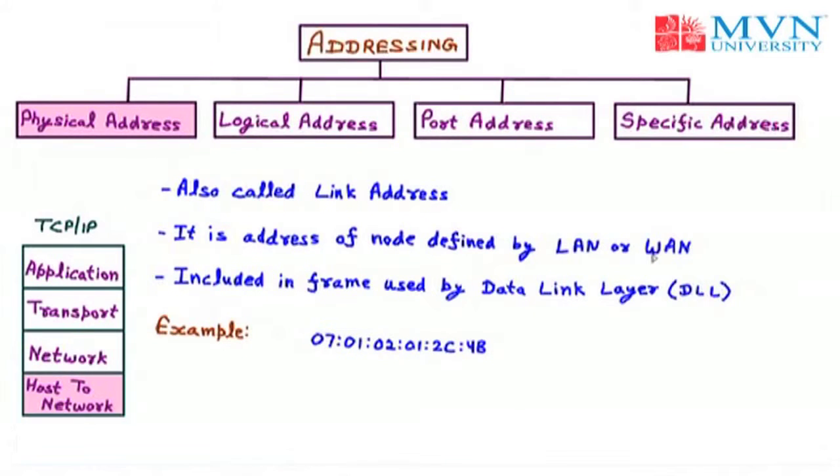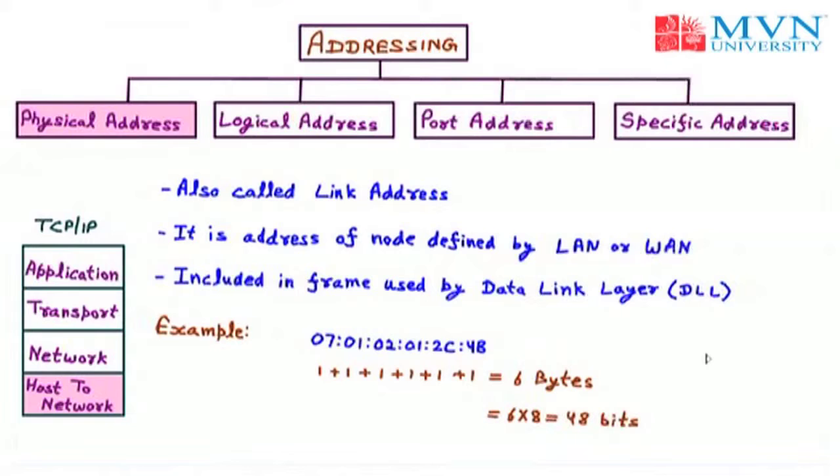That particular address is called the physical address, and that address is 48 bits, that is 6 bytes. You can count here: 1 plus 1 plus 1 plus 1 and so on, equivalent to 6 bytes, which is 6 into 8, that is 48 bits. So the physical address is a 6 byte or 48 bit address.